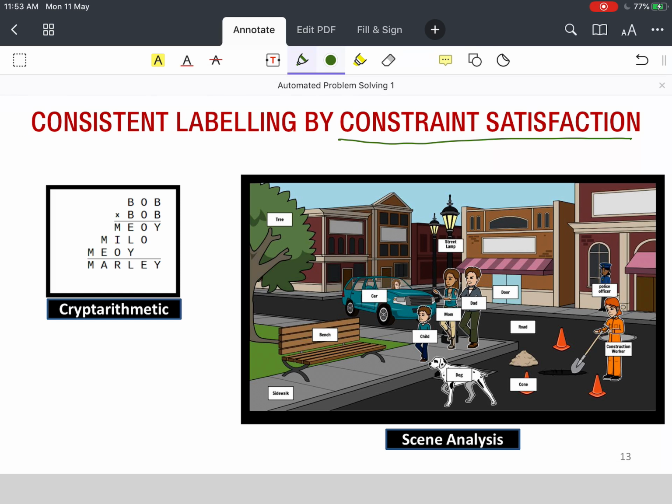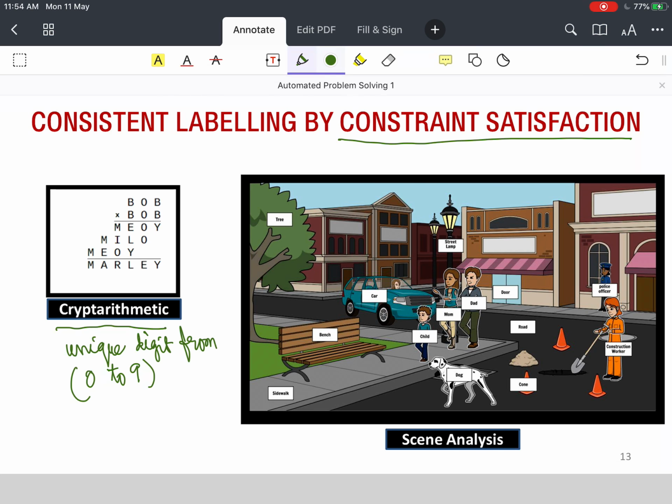I will take you through 2 or 3 cases. Look at this crypt arithmetic problem. Here I have written a crypt arithmetic solution to a multiplication problem where every alphabet in this solution is a unique digit from 0 to 9.